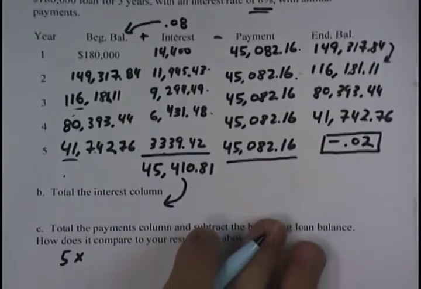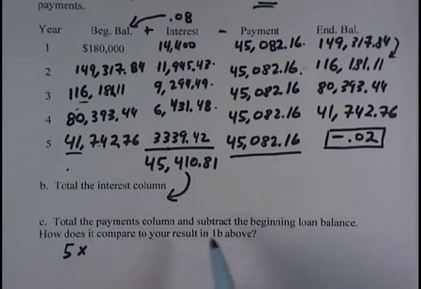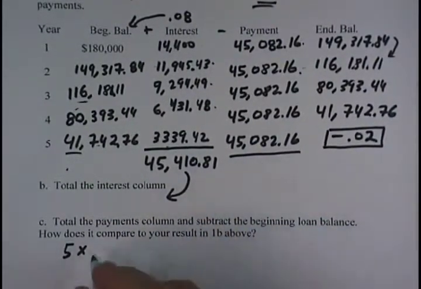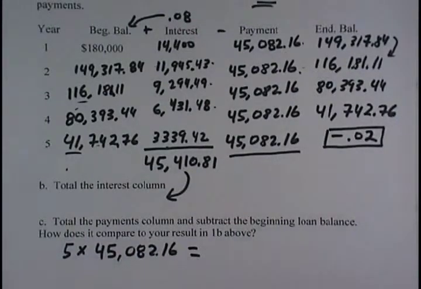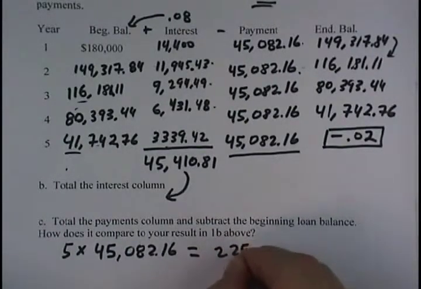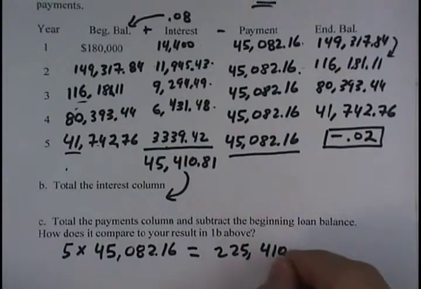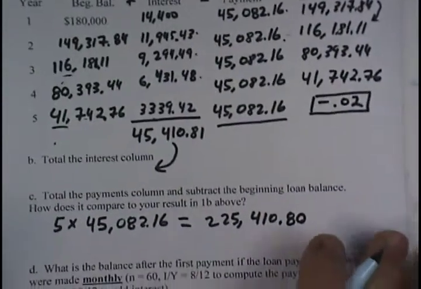So in Part C, it says total the payment column. Well, that would be 5 times that level payment amount of $45,082.16. So 5 times the $45,082.16 means the total of the payments was $225,410.80.